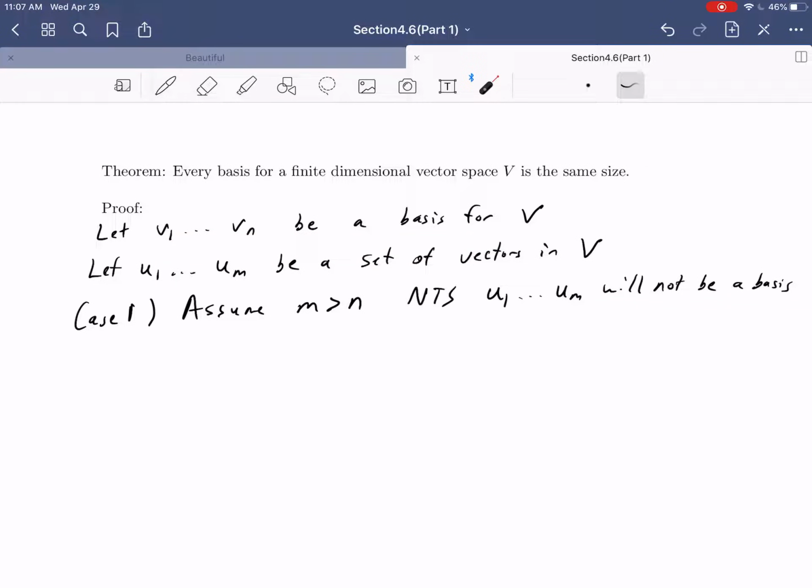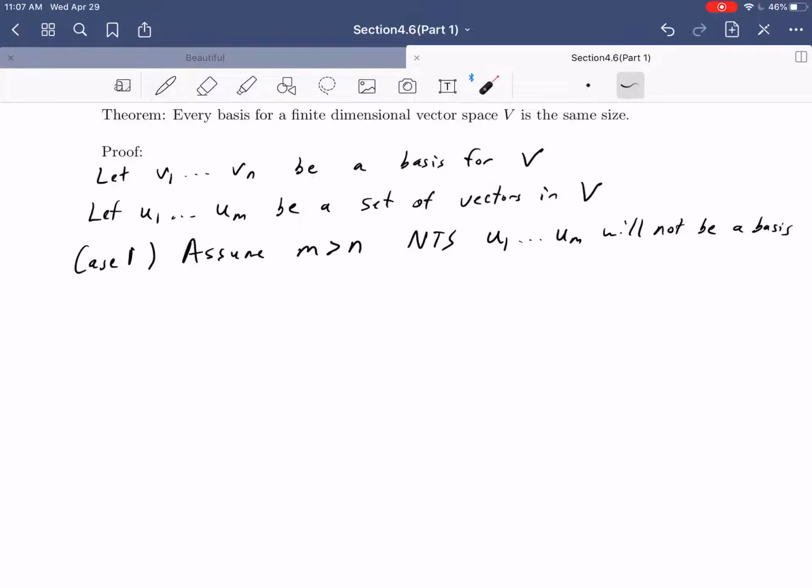Then after we've done this case, we'll go ahead and assume that m is less than n, and we will show that it cannot be a basis. And that will tell you guys that the only bases that are possible are ones that have exactly the same number of vectors. So we're going to assume that this set has more vectors, and we're going to show that it's not a basis. What we're actually going to do is show U1 through Um is linearly dependent.